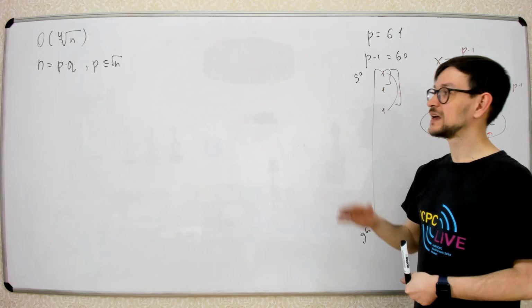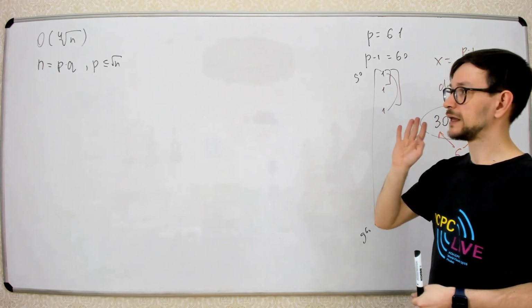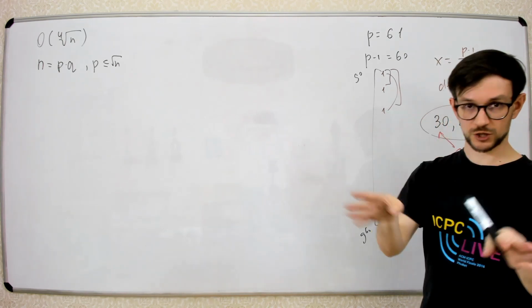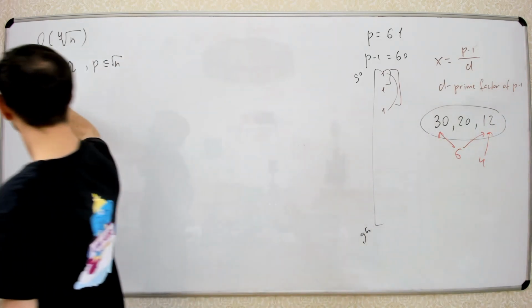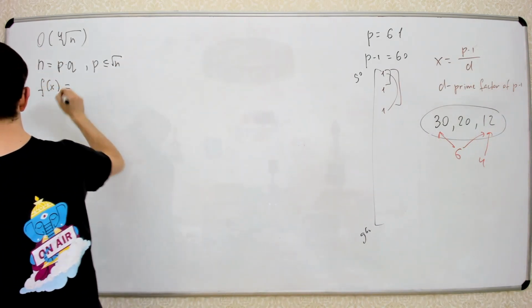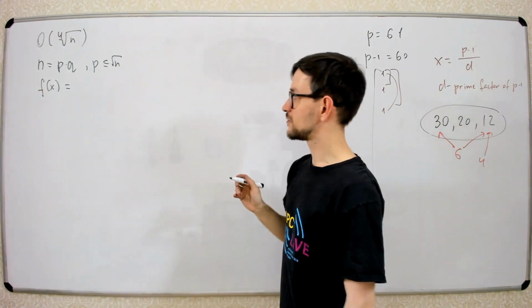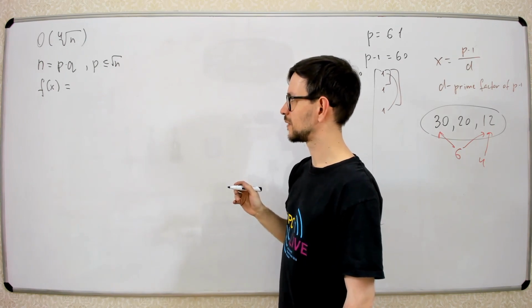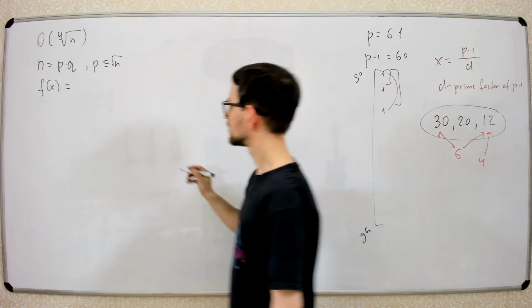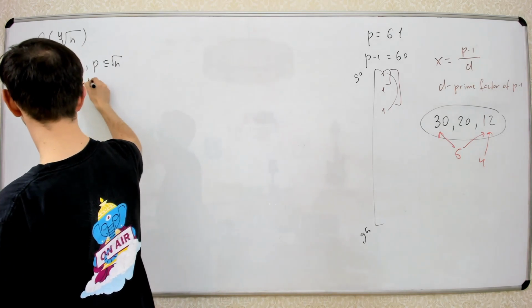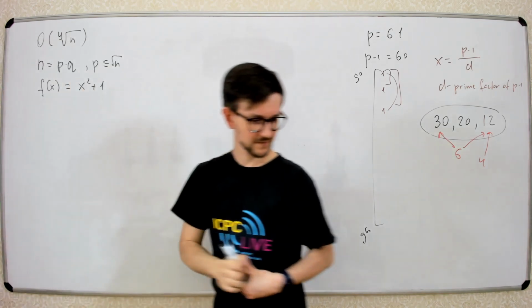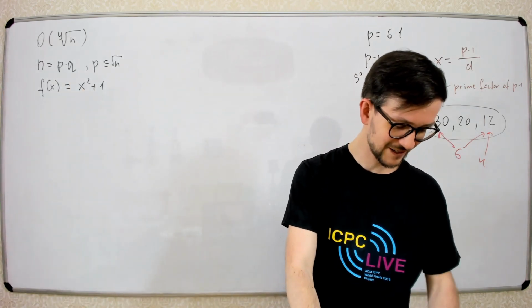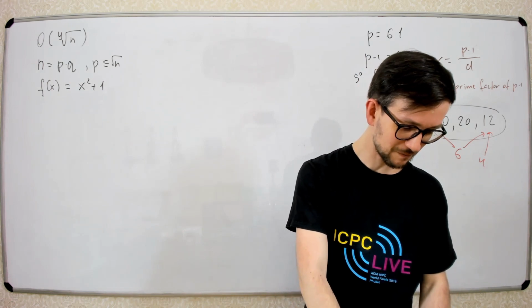Now, let's do some magic stuff. Let's take some function f of x. Let's say, for example, I don't remember, x squared plus 1. Let me check quickly: plus 1 or minus 1?